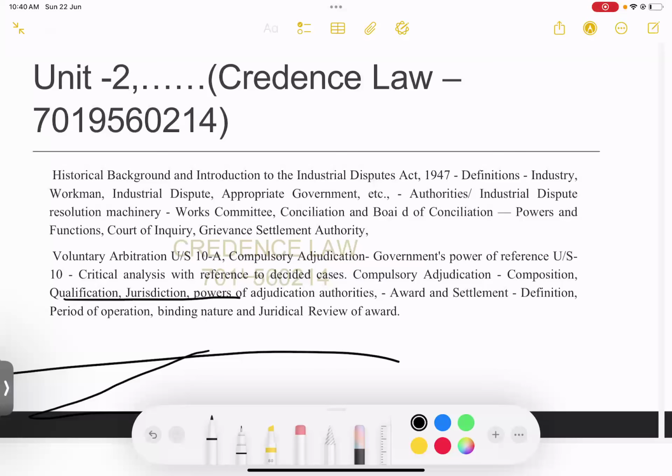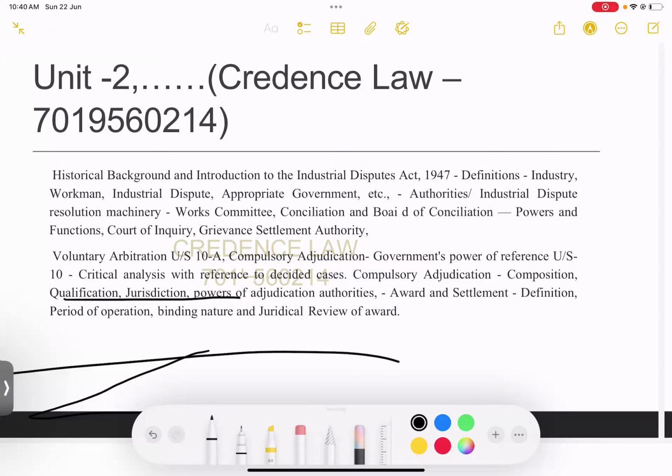This Act also aims to ensure social justice for both employers and employees, to promote amicable resolutions, and prevent illegal strikes and lockouts. This Act also provides protection to workers from unfair practices and provides relief during layoff and retrenchment. This is the objective of the Act.